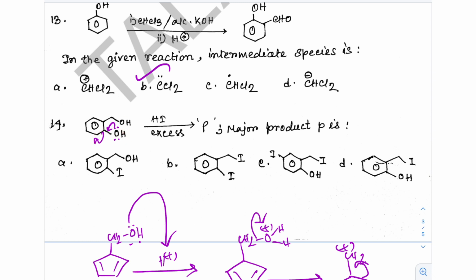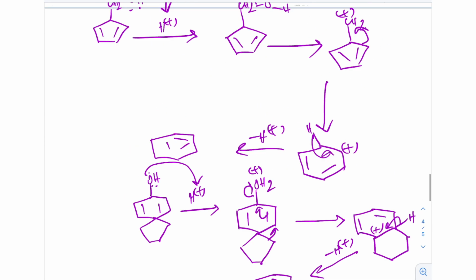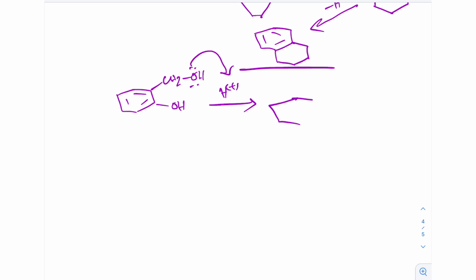In this OH, the lone pair is available and is not involved in resonance with the benzene nucleus. So in the first step, it will accept the H plus. What will happen in the first step? We will get this highly stable benzylic carbocation.